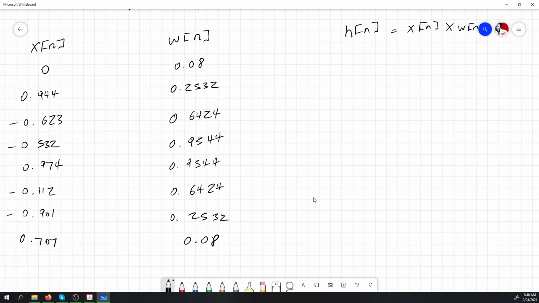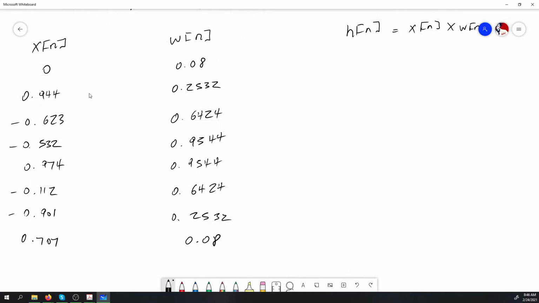So we just basically multiply these values straight across each other to get our h of n signal, which is a multiplication of our corrupted x of n signal that was not sampled properly, by the windowing function that's going to attempt to mitigate the aliasing effect because of this incorrect sampling that was done at the incorrect frequency. So we just multiply these values straight across.